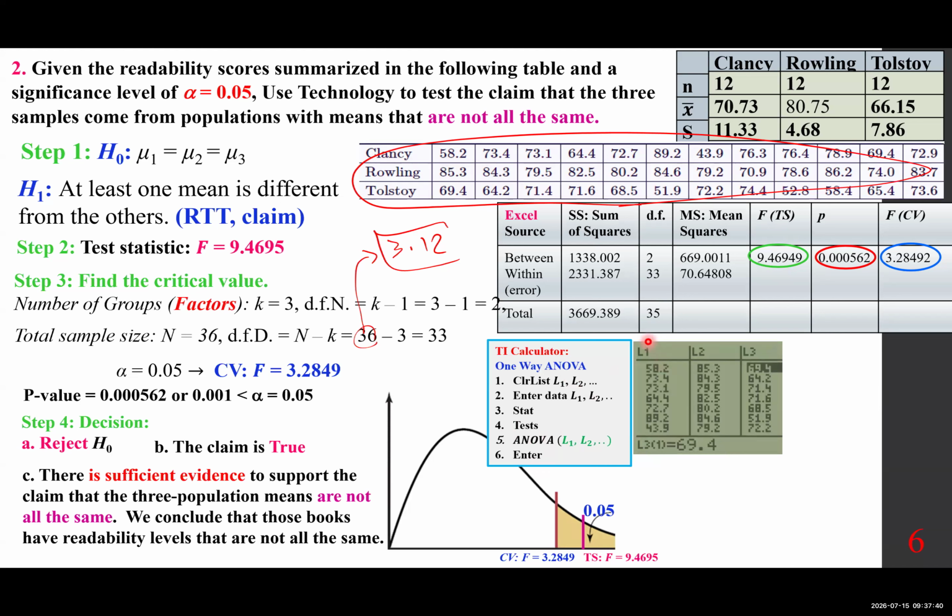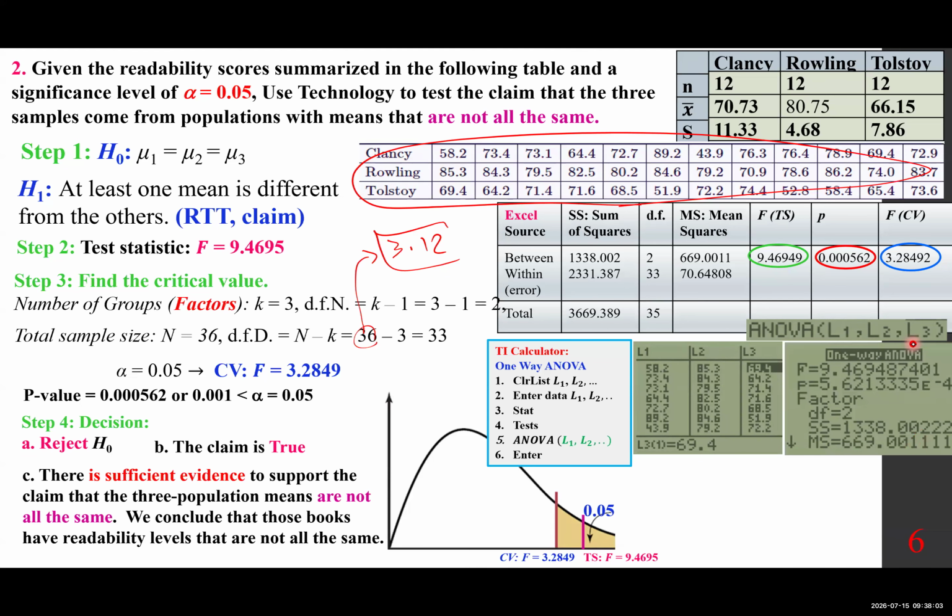We are going to fill up L1 with Clancy, L2 with Rowling, and L3 with Tolstoy. Then all we have to do is stat, test, ANOVA, put L1, L2, L3. That's all. It does the work for us.